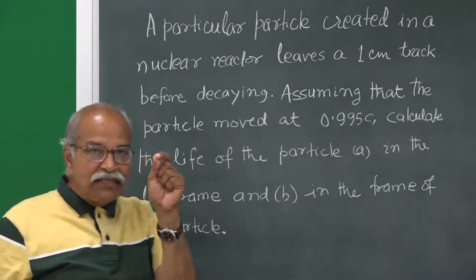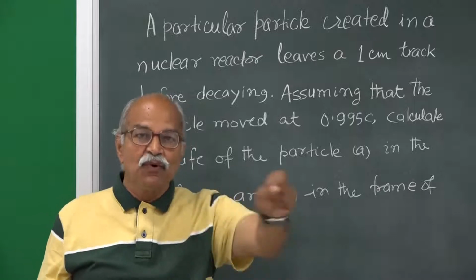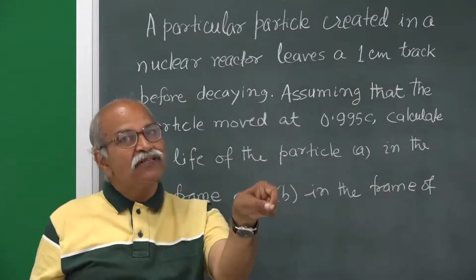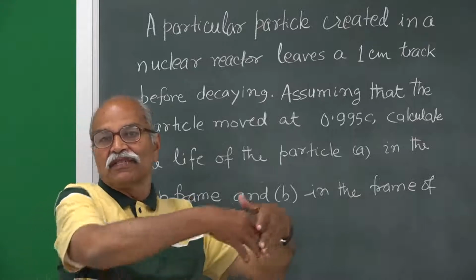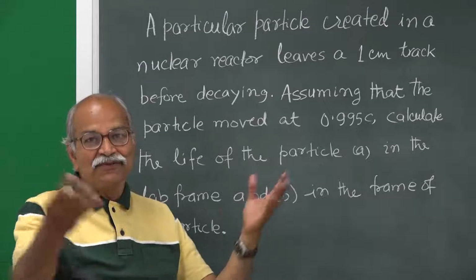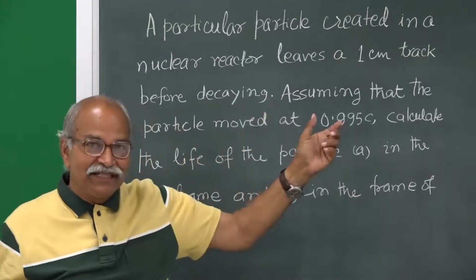So, when the particle is created, the track starts because the particle is moving, and when the particle decays, that particular track is terminated. Maybe some other particles will be created and more tracks will be created, but that particular track is terminated.